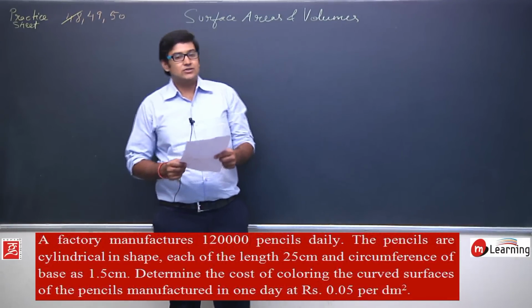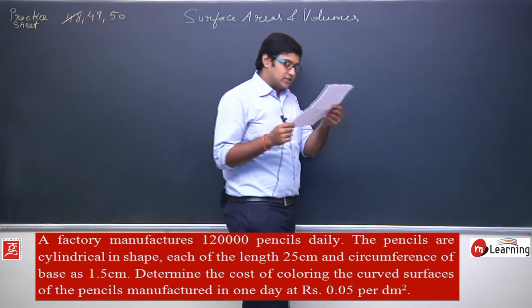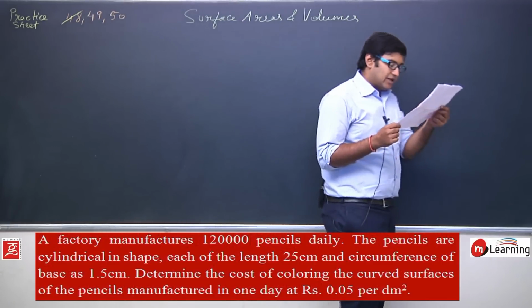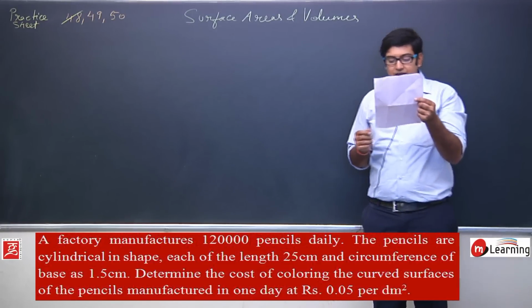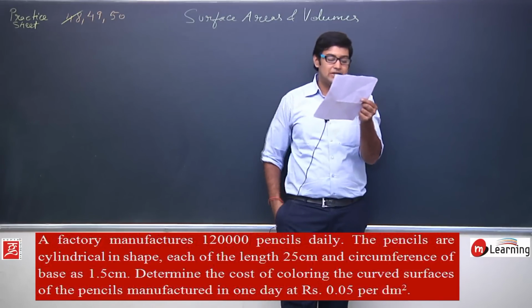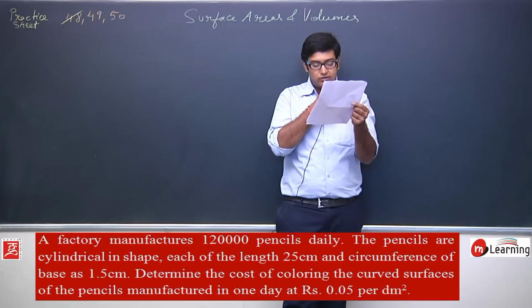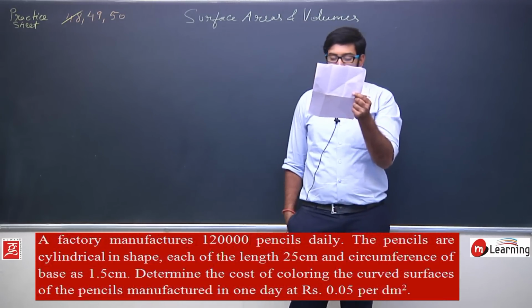Okay, so let us now solve question number 49. A factory manufactures 1,20,000 pencils daily. The pencils are cylindrical in shape, each of the length 25 centimeters and circumference of base as 1.5 centimeters.